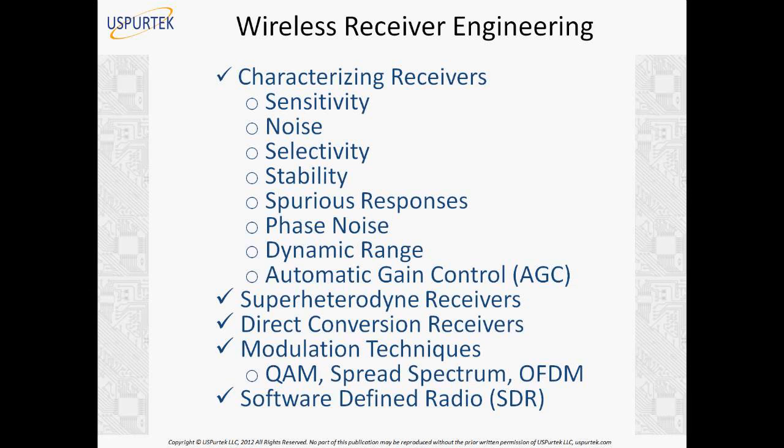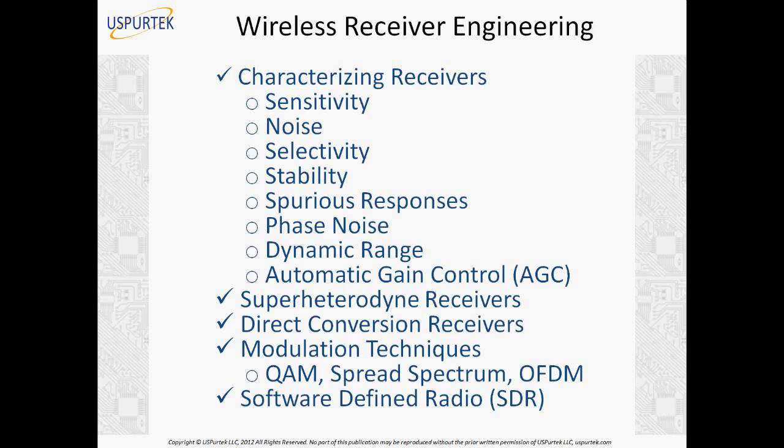We'll understand quadrature amplitude modulation, spectrum, and the different characteristics, and also learn about OFDM, orthogonal frequency division multiplexing. Finally, we'll introduce ourselves to software-defined radio, which is an emerging receiver architecture in wireless communications.